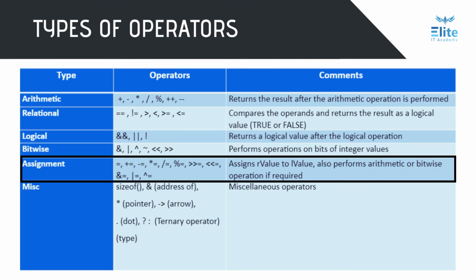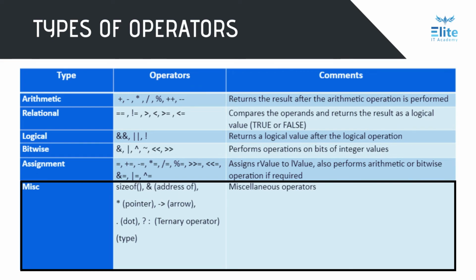Assignment operators that assign results of an expression on the right-hand side to an L value on the left-hand side. Note that an L value is a named variable because you cannot have a constant value on the left-hand side of an assignment operator. As you can see, the assignment operator is combined with multiple arithmetic and bitwise operators to provide efficient operations.